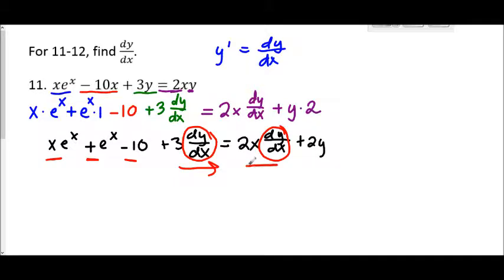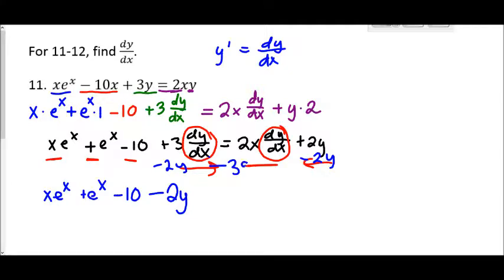This would stay because it's waiting for the dy dx that I'm moving, but this does need to move to y because it does not have a dy dx. So x e to the x plus e to the x minus 10, and we're subtracting 2y, so that's over here now. And we're subtracting 3 dy dx from both sides.